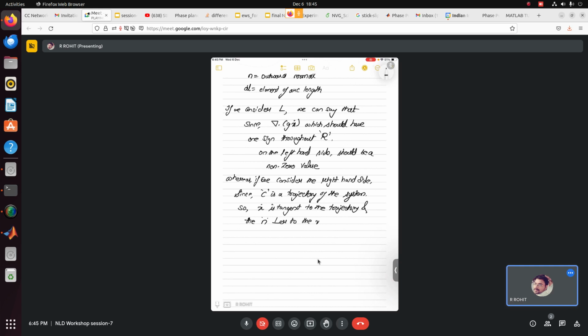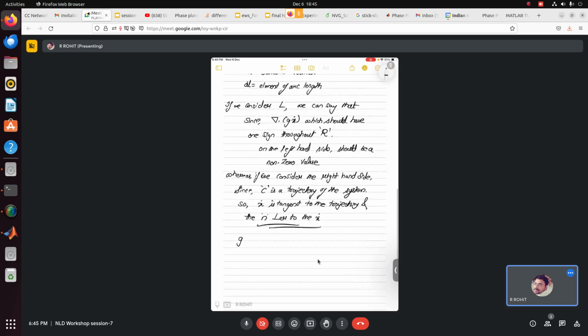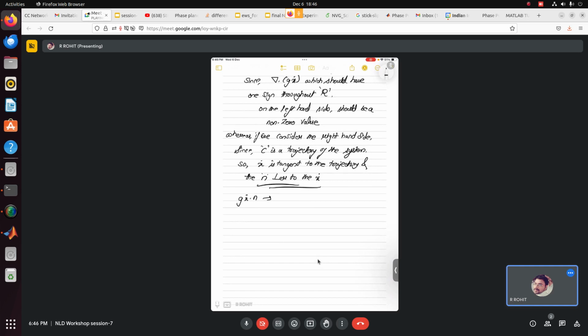So the normal vector will be perpendicular to the x dot. Now if you look into that, then this g x dot dot n tends to 0, since the dot product of two perpendicular vectors will tend to 0.